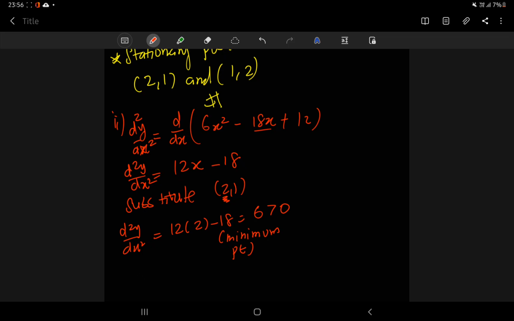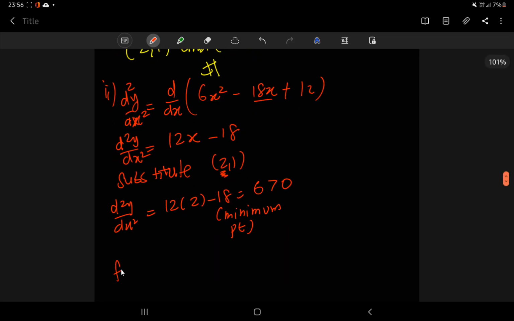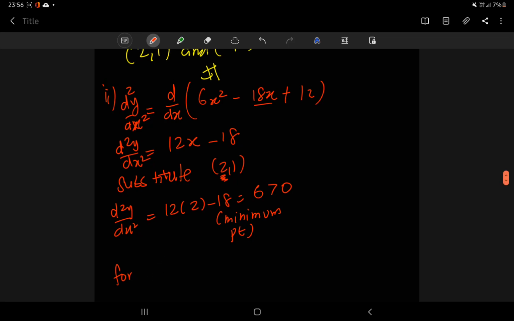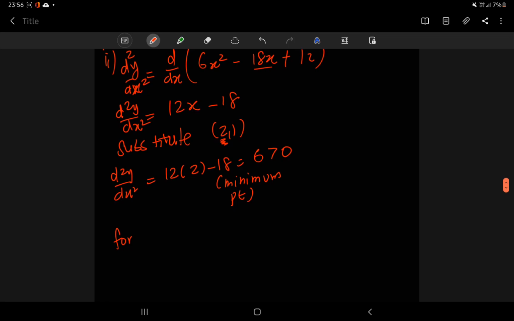For the other stationary point, we have 2, 1 and also 1, 2. So for 1, 2, d squared y over dx squared, just substitute the x value.